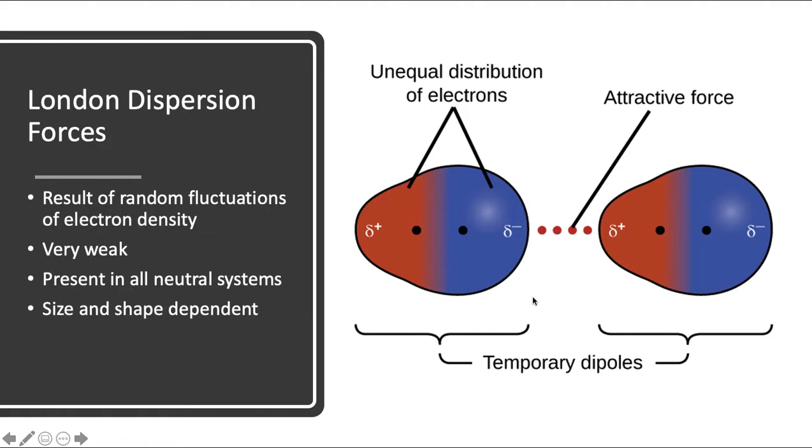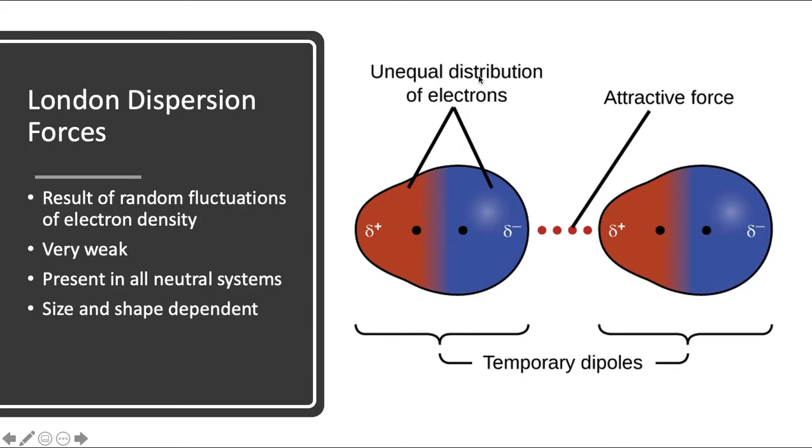Also, it is easier to polarize a larger atom, because the electrons in a larger atom are not held so tightly. Remember, the larger the atom, the more electronic shells they're going to have around the nucleus. And those electrons in the outer shells are not held as tightly as those really close to the nucleus.